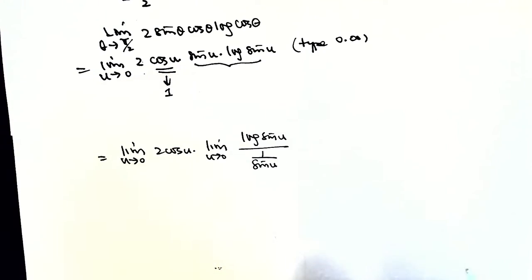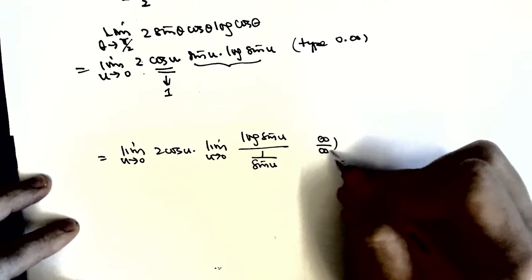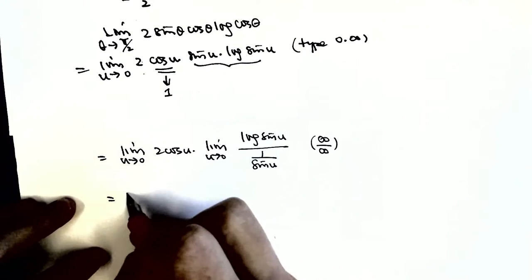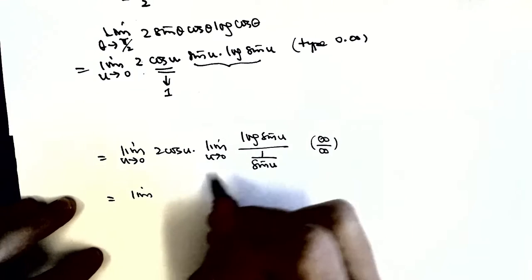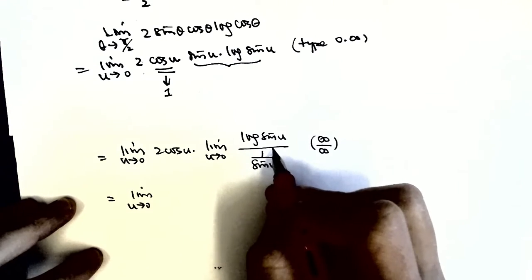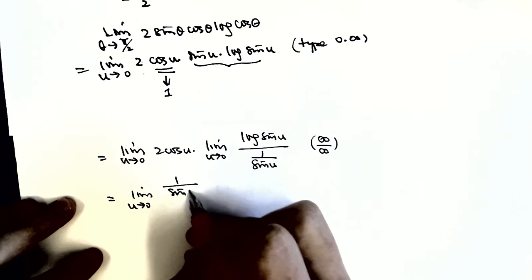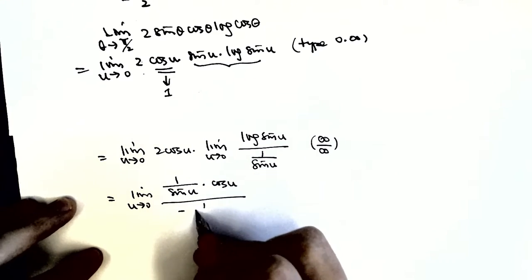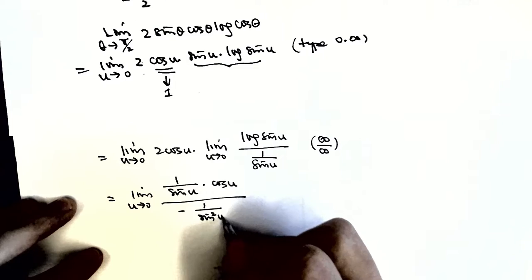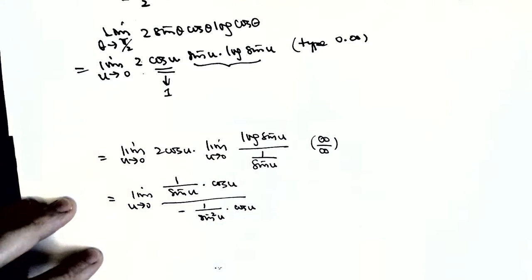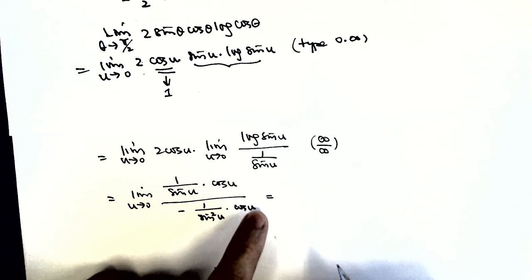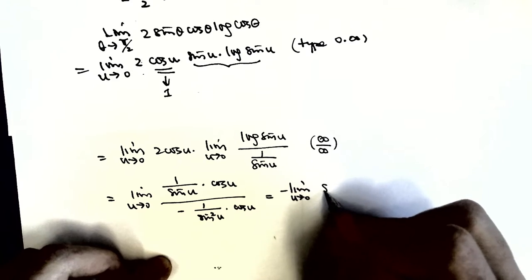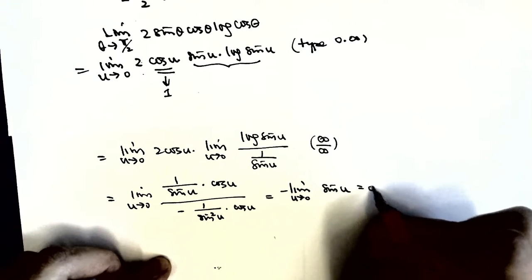Since this is infinity over infinity type, we can use L'Hospital's rule here. The derivative of log sine u is 1 over sine u times the derivative of sine, which is cosine. For the denominator, we have minus 1 over sine square u times cosine u. This cancels, and what we have left is the limit as u tends to 0 of minus sine of u. But this is just 0.